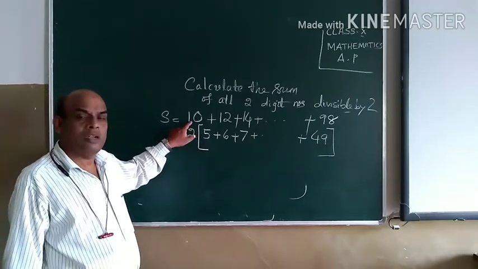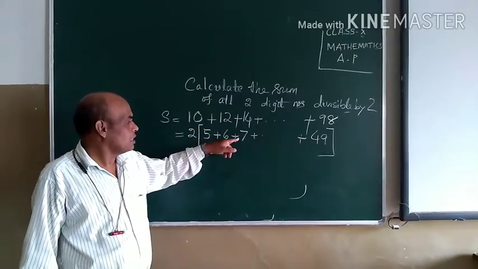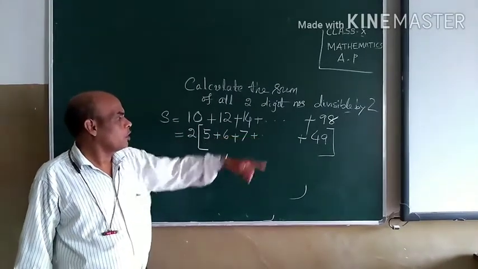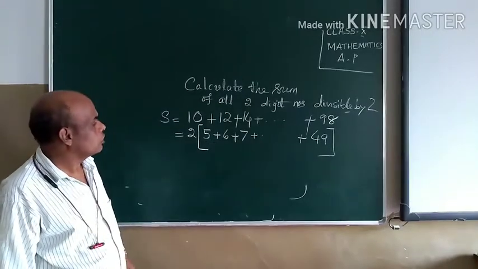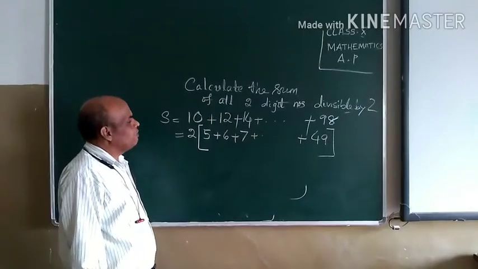If 2 is common, then 5 plus 6 plus 7 plus up to 49.